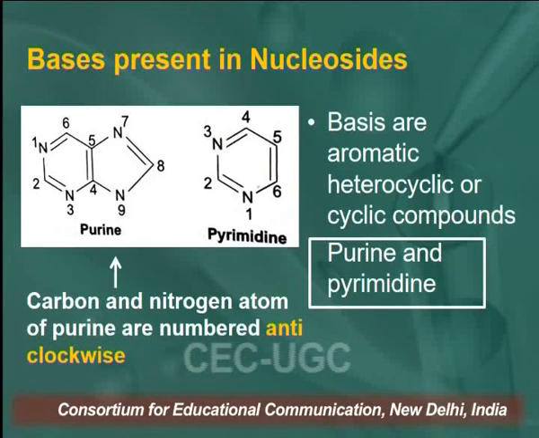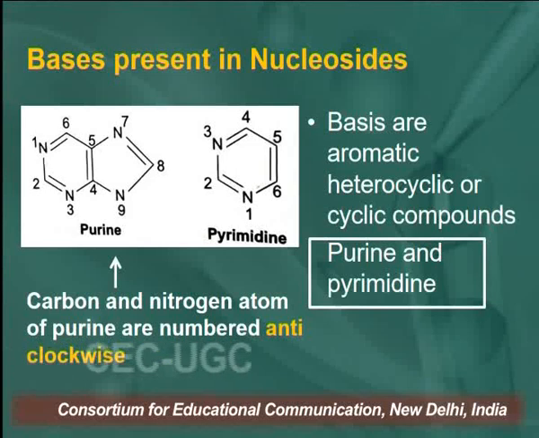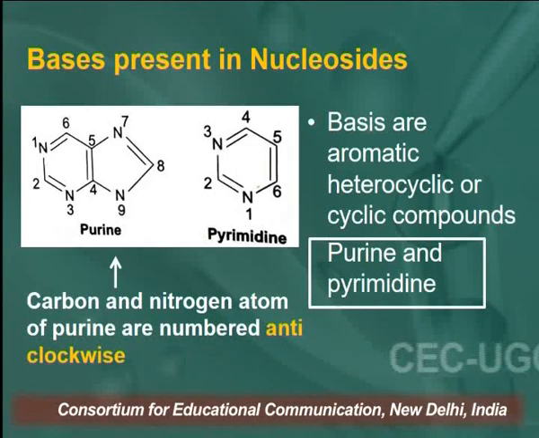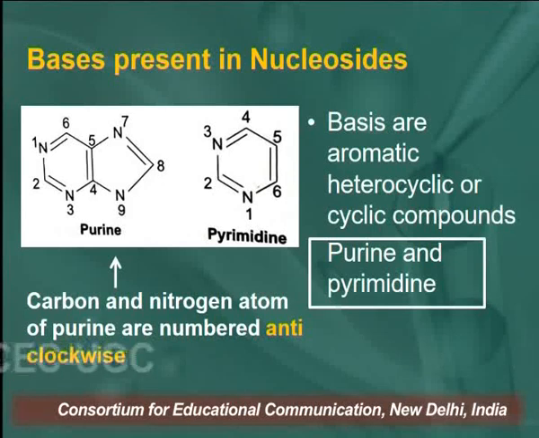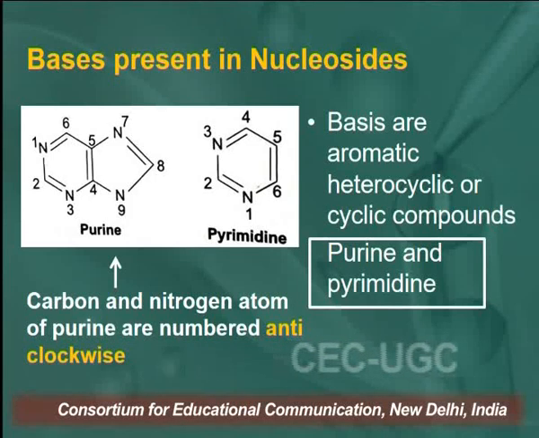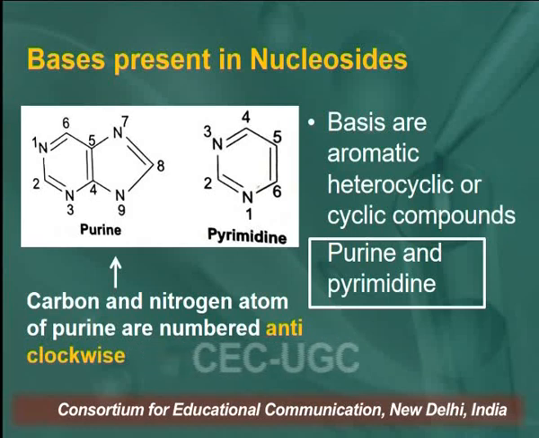In purine there are 2 rings, one is a 6-membered ring which contains 2 nitrogen atoms, and another is a 5-membered ring which also contains 2 nitrogen atoms. Similarly, this is the basic structure of pyrimidine base. Pyrimidine base is also a 6-membered ring having 2 nitrogen atoms in its molecule. So always remember, 2 types of bases are present in nucleosides and nucleotides, purine bases and pyrimidine bases.